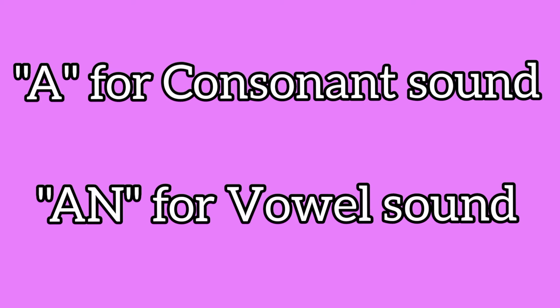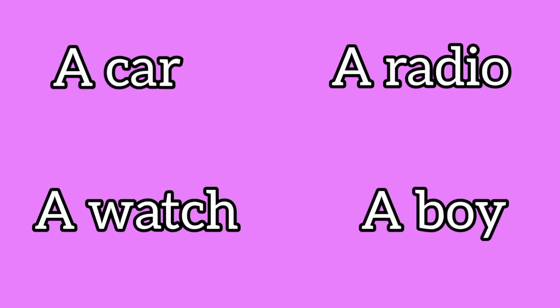Students generally go by the spellings, but they should look at the starting sound of the singular countable noun before which they have to use either a or an. For example, I have an umbrella. Now, the noun umbrella starts with a vowel sound, so I am using an.